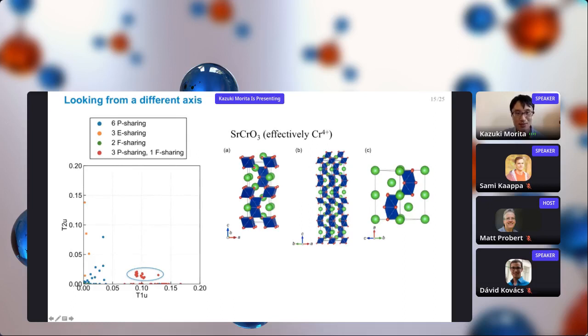If you look at these materials, the majority of them belong to strontium chromate, and they're different polymorphs. I should have emphasized that if there was a very large material like this, we would have multiple points here because we would have many incongruent points. So there's something unique about this material.